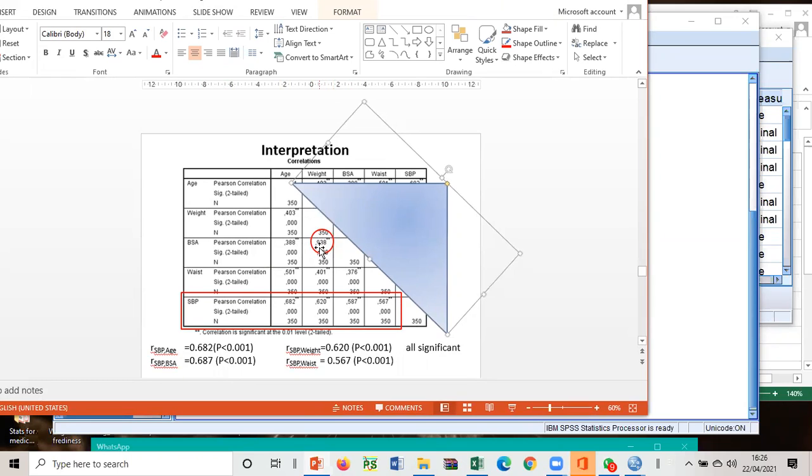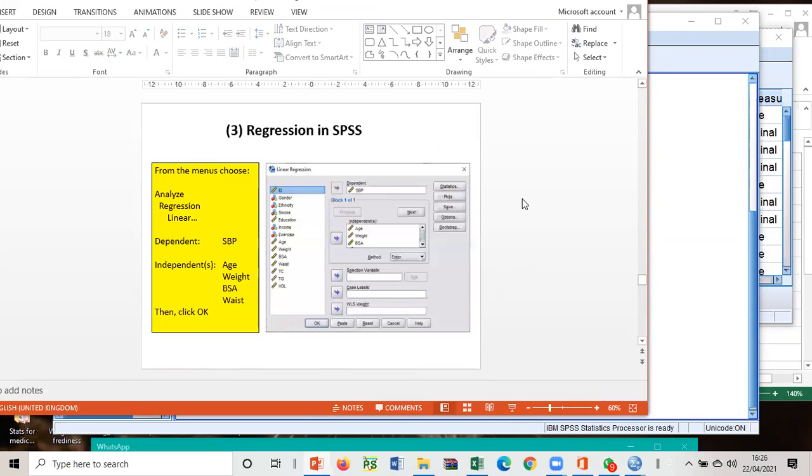That is BSA with weight. Is it more than 0.9? Yes. So we foresee a problem of multicollinearity. Okay, let's proceed with regression. Do exactly what is shown. Age, BP dependent. Put all the four inside here.